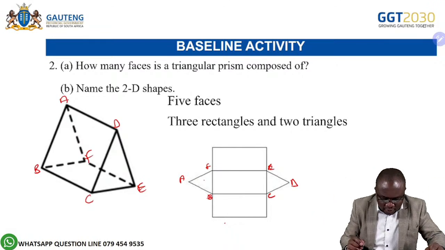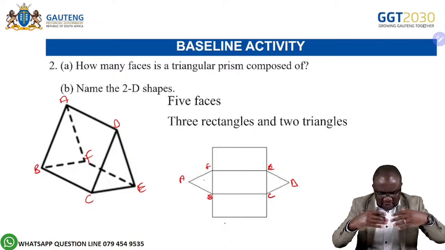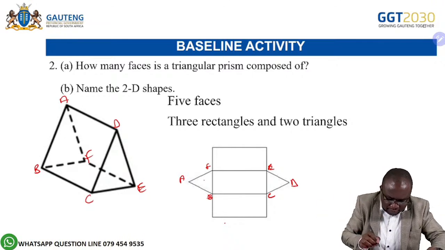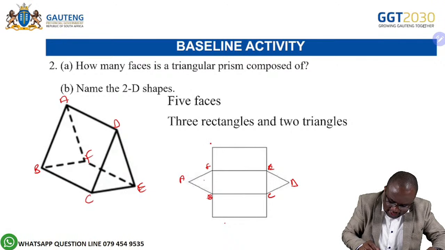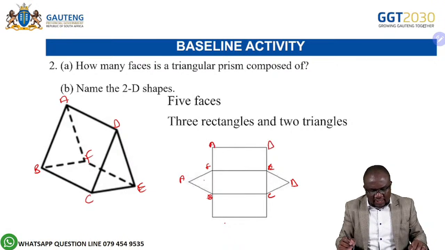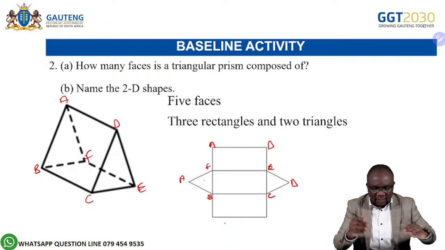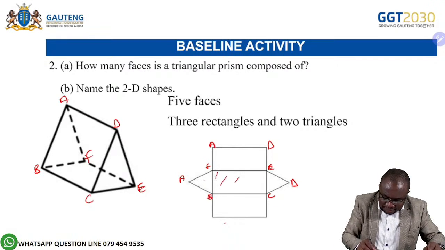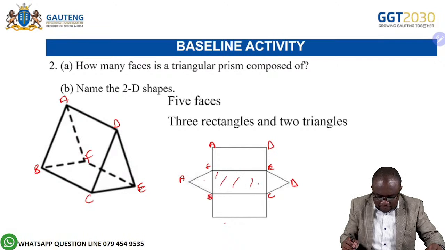And then what are we going to have? How did you open it? Just like that. So this can be rectangle ADEF. And then we have this rectangle at the center, which is BCEF.